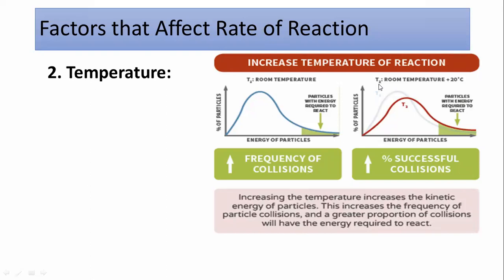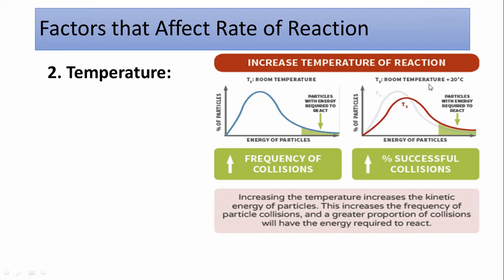So this is temperature 2. This was the same temperature as the blue line given over here, and temperature T2 is the room temperature plus 25 degrees centigrade. That means you have increased the temperature by 25 degrees centigrade as compared to the room temperature. So this is an additional temperature over here.